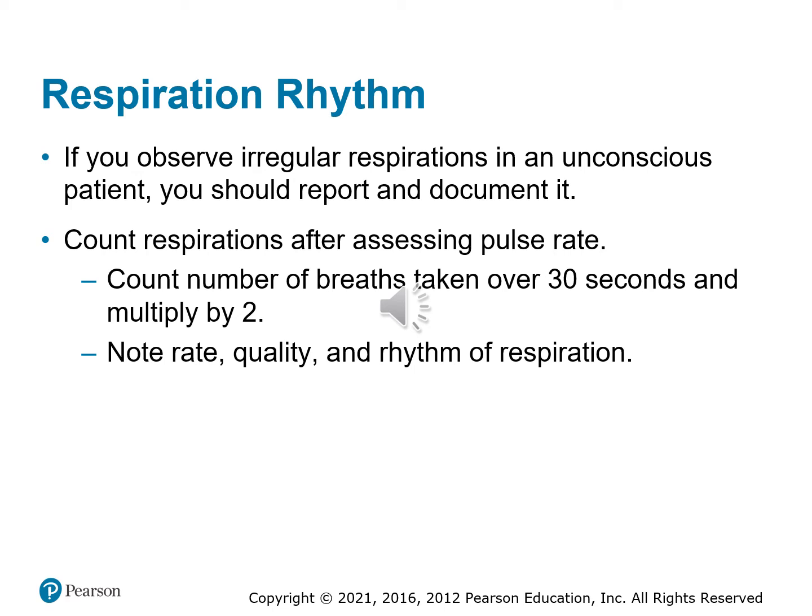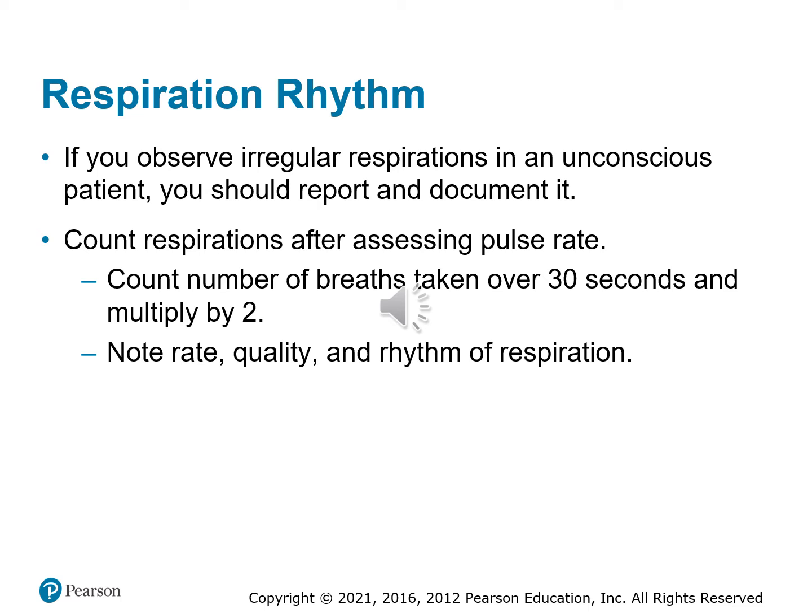For the respiration rhythm, first, and it should go without saying, but a little reminder here: if there's something abnormal in their respirations in an unconscious patient, you need to report it, and you need to document all your findings. It's going to be this way with anything abnormal that you see. You want to count the respirations after you assess the pulse rate.